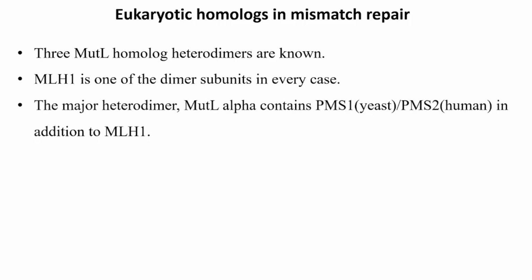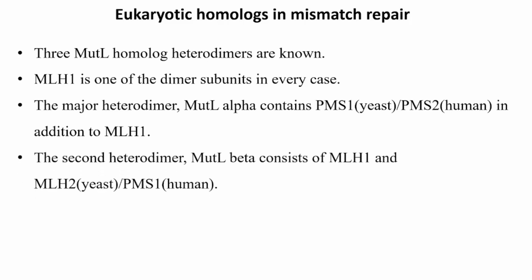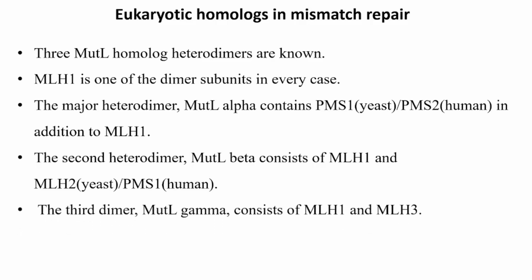The major heterodimer, MutL alpha, consumes about 90% of MLH1 and contains PMS1 in addition to MLH1. The second heterodimer, MutL beta, consists of MLH1 and MLH2 in yeast as well as in humans. Note that human PMS2 is a better homologue of yeast PMS1 than is human PMS1. The third dimer, MutL gamma, consists of MLH1 and MLH3.